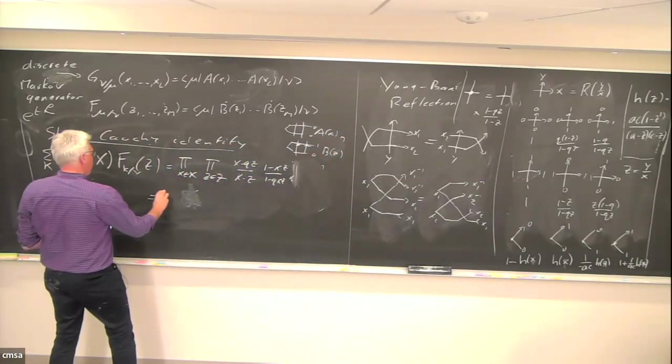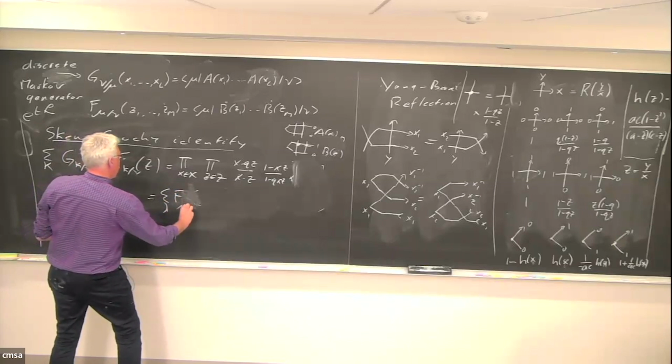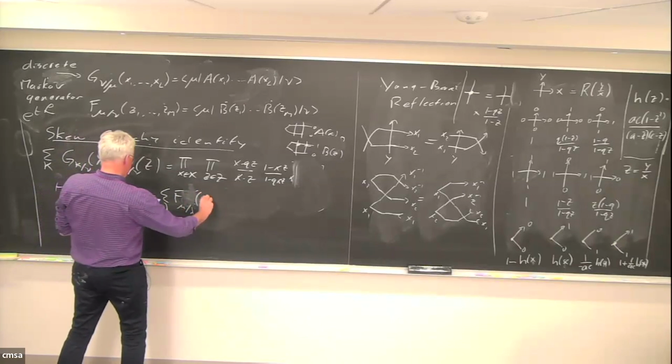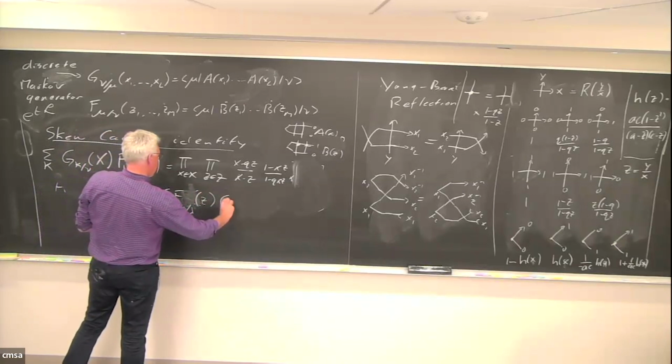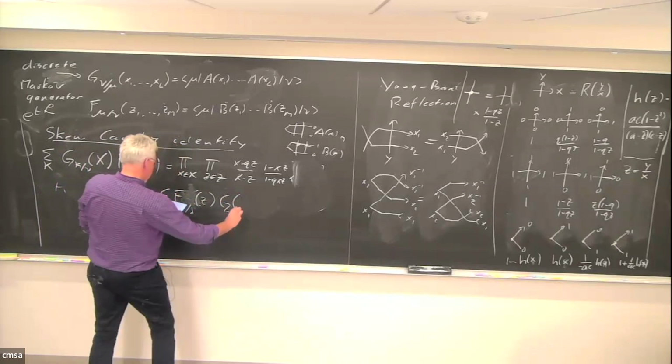And so now this becomes a sum over lambda of f mu slash lambda z, times nu slash lambda.